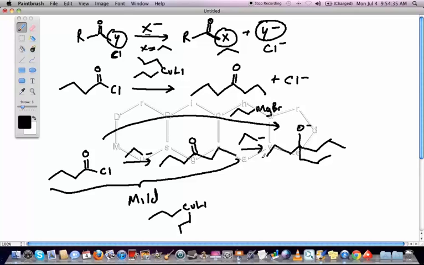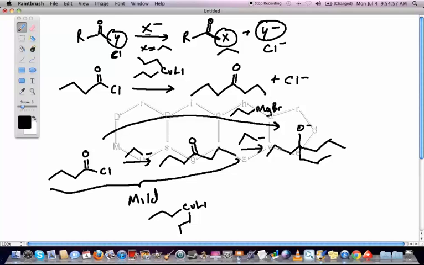Now what does not happen is that we don't get a further equivalent of negatively charged carbon coming in and producing a tertiary alcohol. This will happen if we use a Grignard reagent, which is the other form of negatively charged carbon that we have previously talked about. This is not considered to be a mild form of negatively charged carbon.